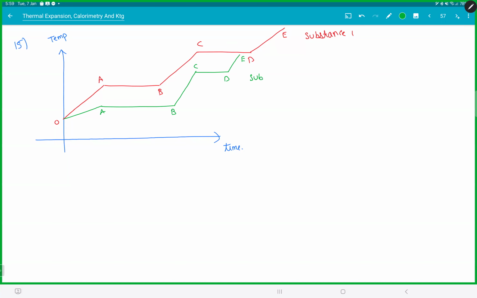This is substance 2. So compare for the solid, compare the specific heat S1, specific heat S2, then compare latent heat of fusion L1, L2, then compare for the liquid S1, S2, then compare for the latent heat of vaporization L1, L2, then compare for the gas the specific heats.